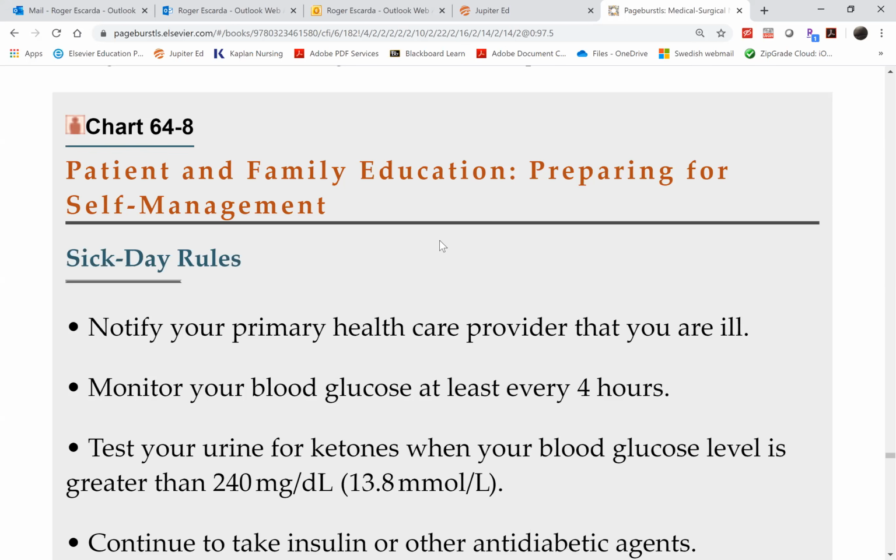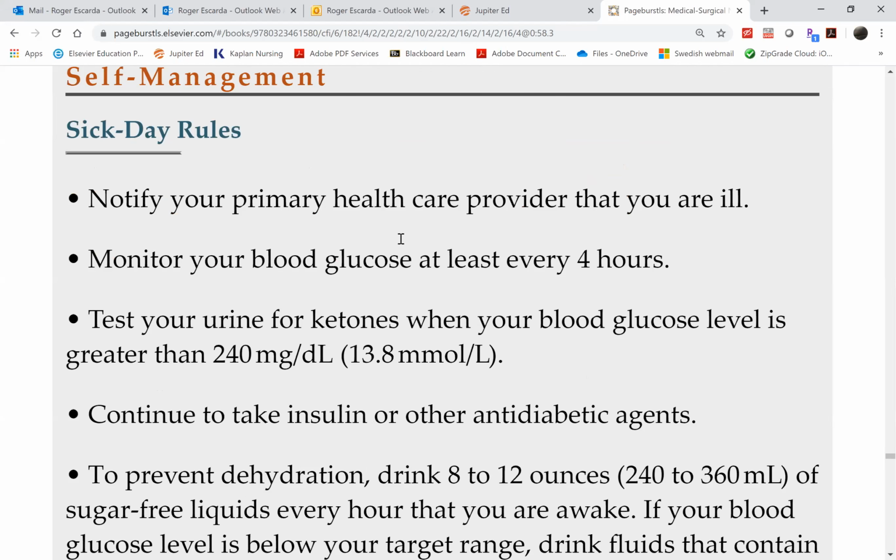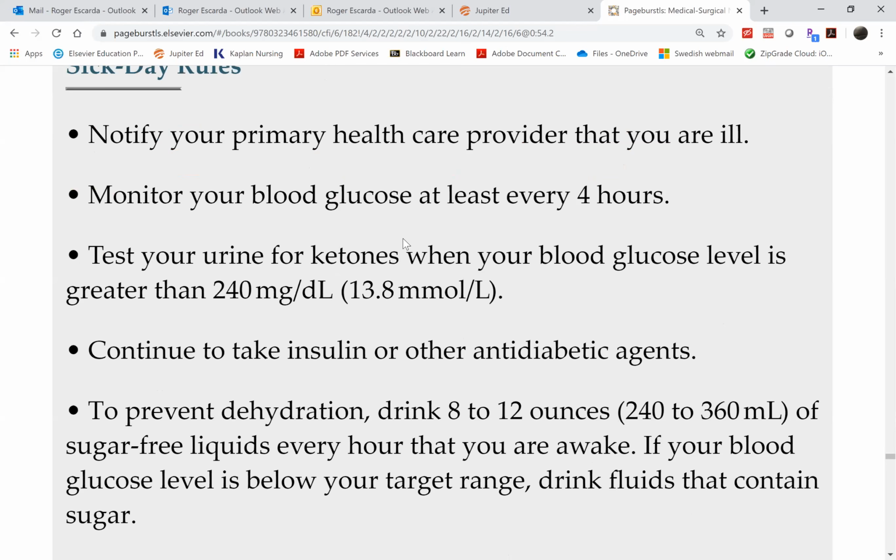Does that feel stressful? Yes, of course. So whether you're physically sick or emotionally or psychologically sick, you follow these rules. This is both for the family and the patient. So when you're sick or under stress, these are what you do.